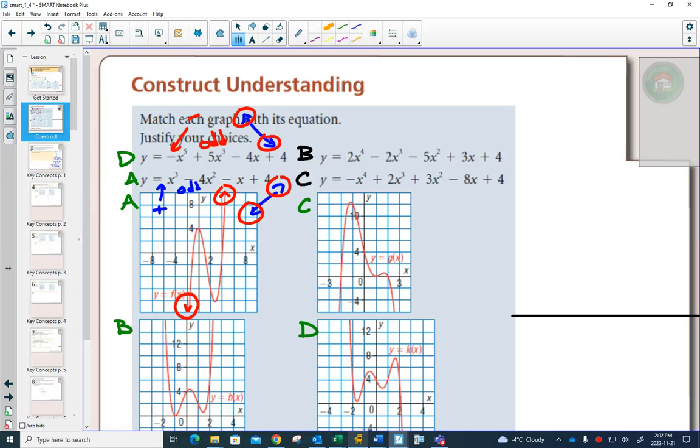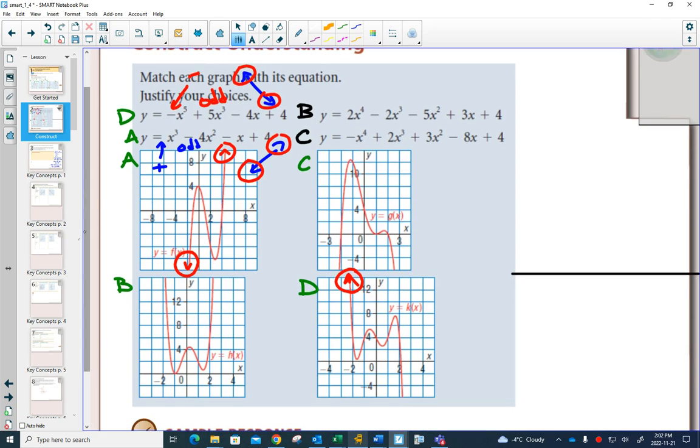Can you see on this one that it started up on the left, ended down on the right. Just like imagining a line with a negative slope would do. So when I talk about the end behavior acts like a line, it tells you where it's starting and where it's ending. But yeah, x to the 5th has a lot of fun in between compared to a line. A lot more stuff going on.